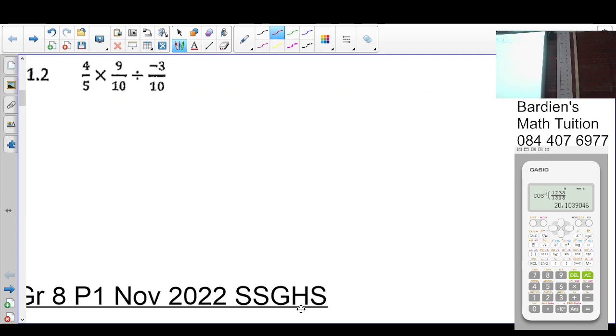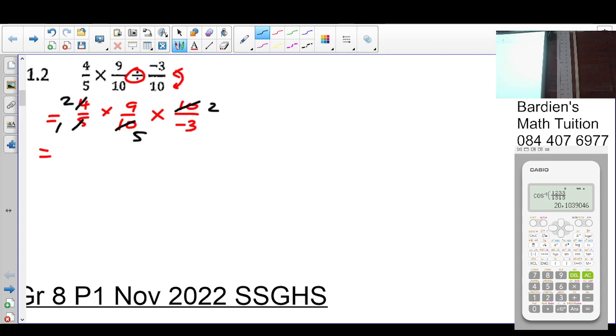The next one has a negative involved there. So we've got 4 over 5 multiplied by 9 over 10 multiplied by, let's swap this around, tumble and times, 10 over negative 3. 5 goes into 5 once, 5 goes into 10 twice. 2 goes into 4 twice, 2 goes into 10 5 times.